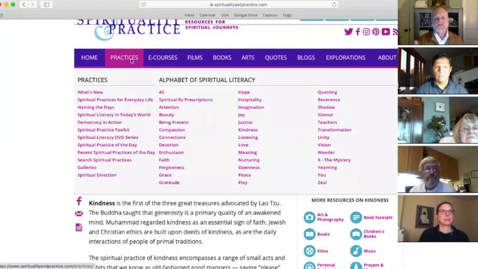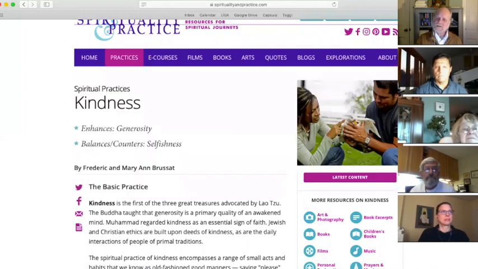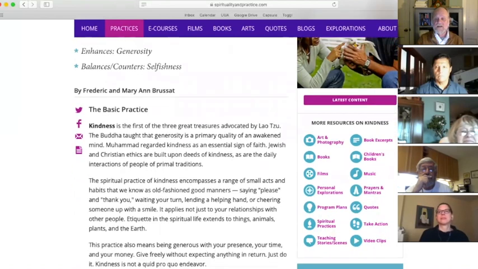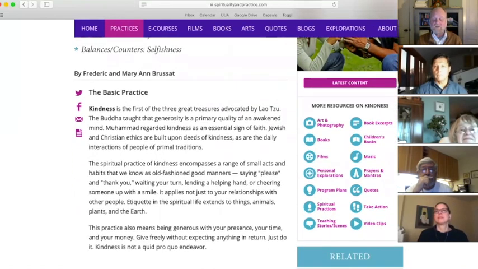The practices are, you can see them here: hope, attention, beauty, being present, compassion, devotion, enthusiasm. They're similar to the kinds of things you might see in Soul Matters or Touchstones, or the Church of the Larger Fellowship does some of these. Some individual congregations do themes every month. It's similar to that.